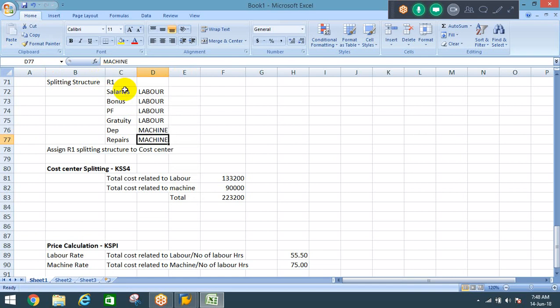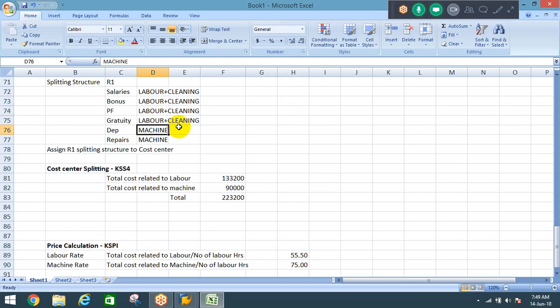Multiple activity types: if this salaries is related to multiple activity types, in the splitting structure we will assign both activity types. Suppose cleaning is also related, we assign cleaning too. So it will distribute equally. If we planned 1,20,000, it will distribute 60,000 to labor and 60,000 to machine, or based on the activities. That we can configure in the system. We will discuss that in splitting structure. Based on the activities, it will distribute to the activities.